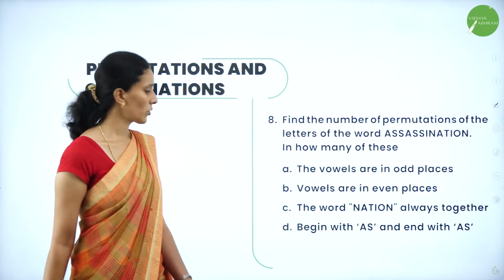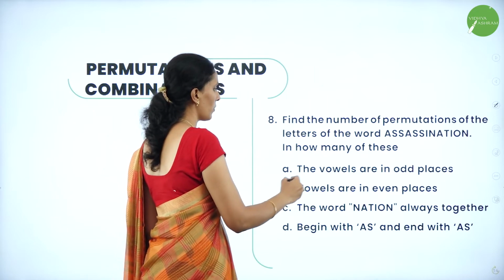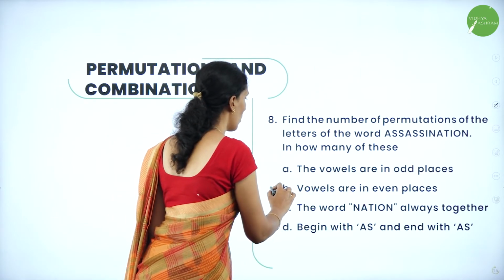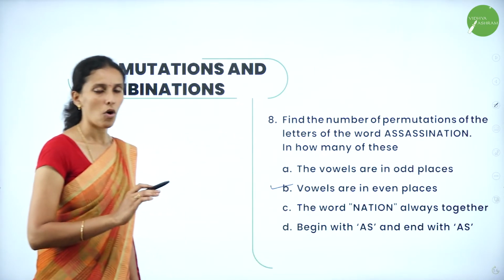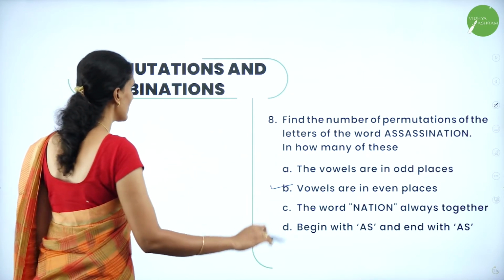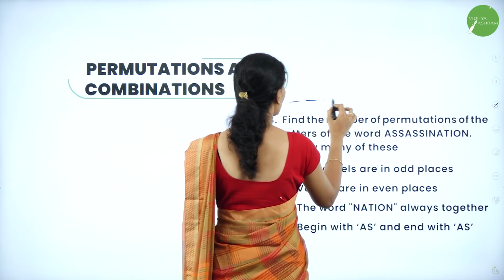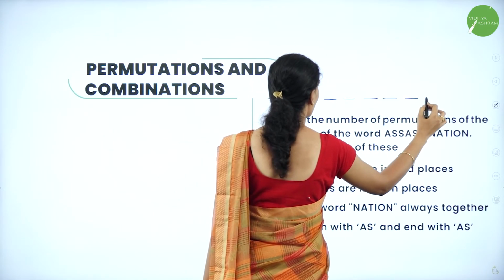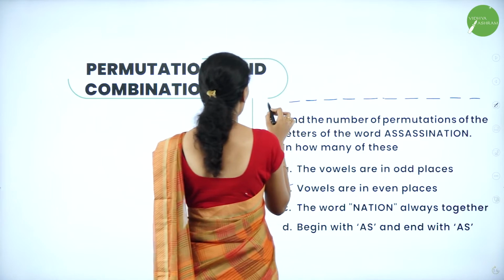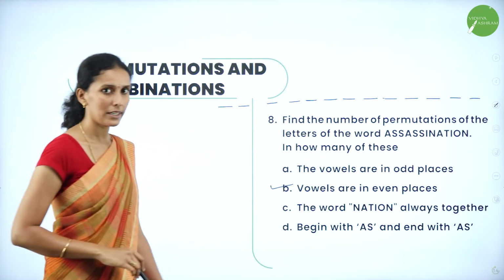Next question. Let me take the same question here. So vowels are in even places. So vowels must be in even places. So the total permutation, we know that, 1, 2, 3, up to 13. So we have 13 places.